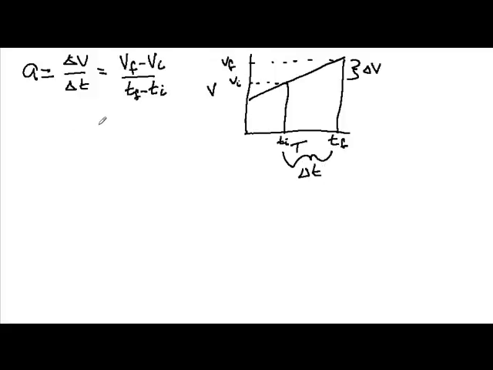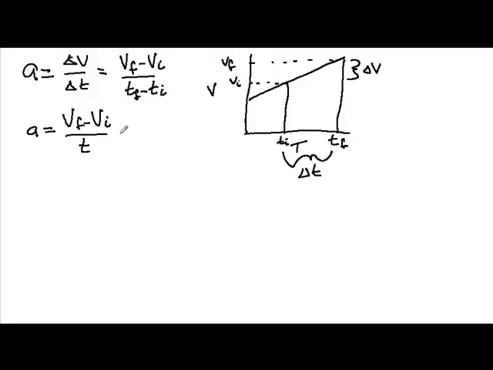I've expressed this a couple of different ways, and that'll help you with your problem set. Now, this is most often expressed as our final velocity minus our initial velocity divided by time. Remember, in physics, when we're talking about time, we're usually talking about a time interval. But let's say my question was asking about time.